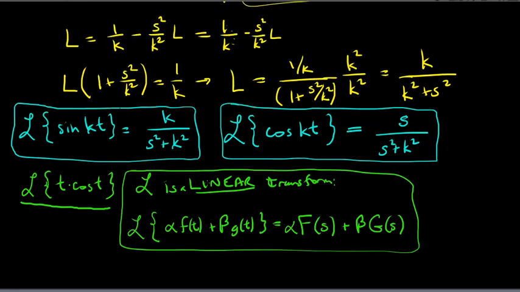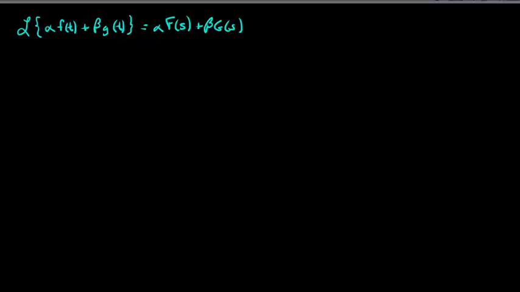Since I'm out of space, I guess I'll have to start over. Give me a second, and I'll start on a clean page. Yep, there we go. I just copied down the fact that L is a linear transform.